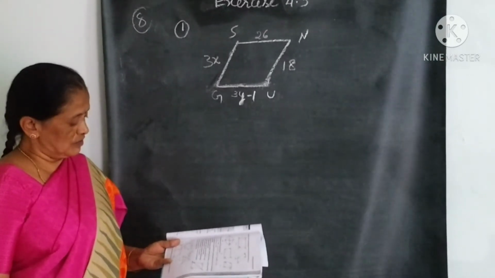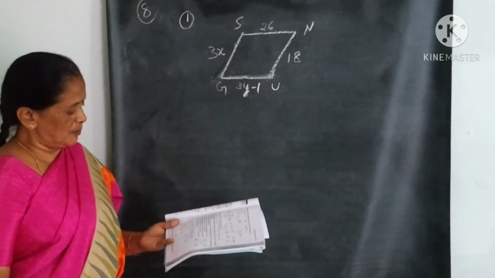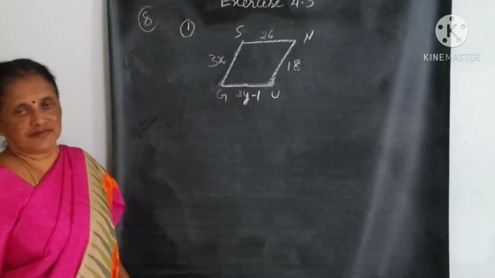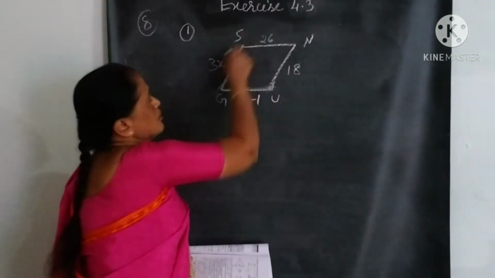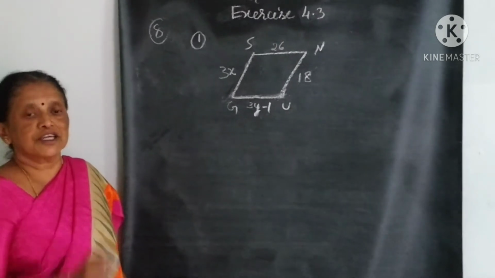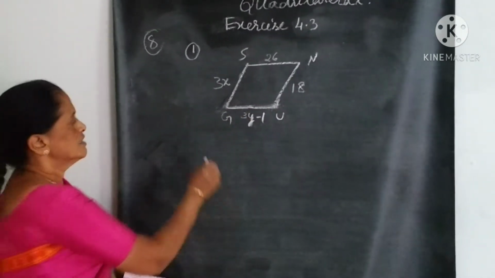In problem 8, first one, the following figure GUNS is a parallelogram. Find the value of X and Y. GUNS is a parallelogram. We already know that opposite sides are equal in a parallelogram. Which are the opposite sides here?